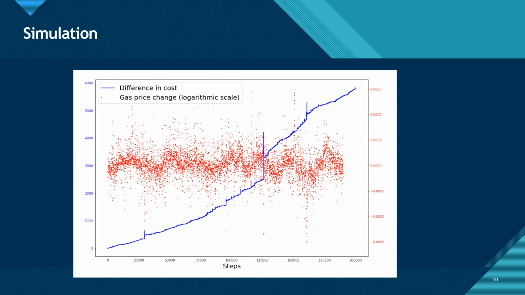The gas price fluctuations are shown in red in this graph, and in blue you can see the difference in the total cost between our policy and the trivial policy, which means just to publish whenever we get a transaction. So you can see our policy actually behaves much better, even empirically.